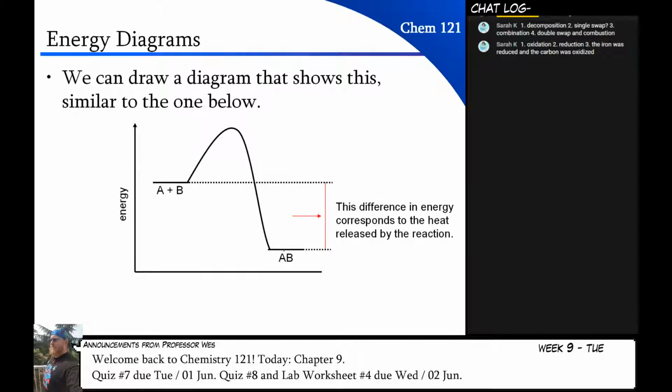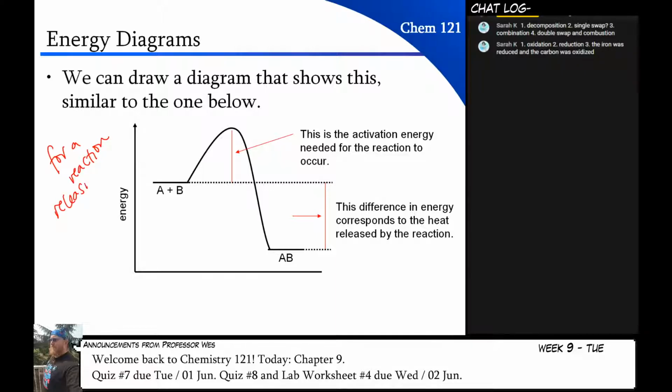There's the heat that we've released. That's the activation energy that we needed. So for a reaction that releases heat, and we'll write that on the screen here, you'll get a diagram that looks like this.